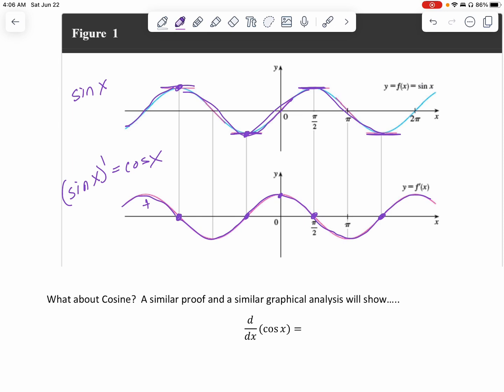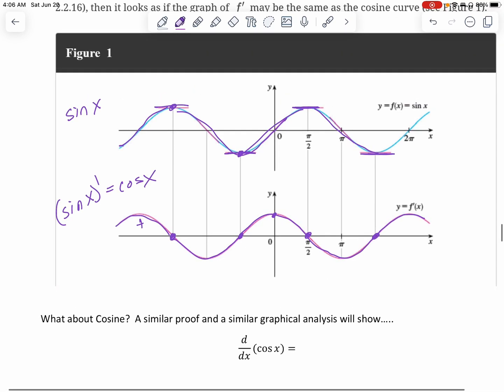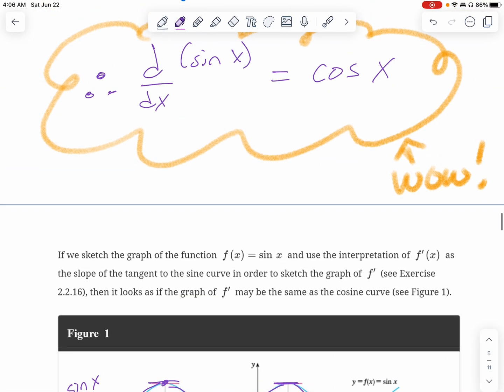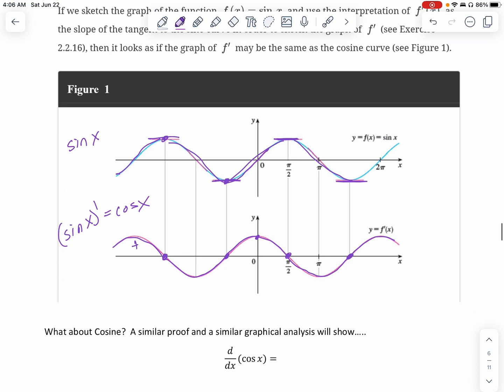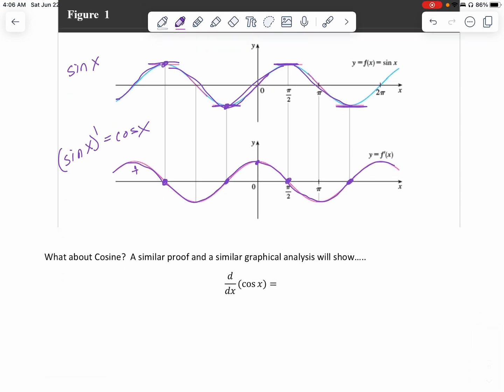And that's our graph of the derivative of sine. So we're going to memorize that one. Now that kind of turns our question to, okay, so is the derivative of cosine sine? Does it go backwards like that? Well, let's investigate.